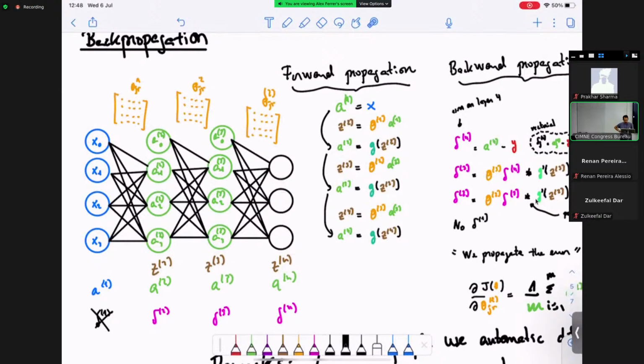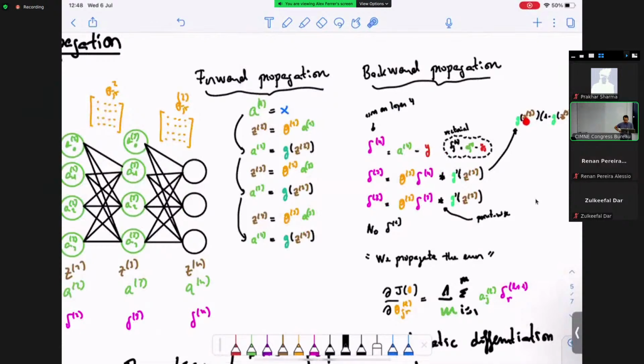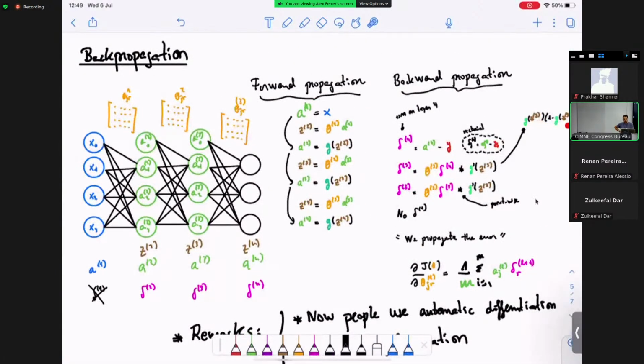With this delta, you multiply times theta, so times this one. And then you have the new delta that multiplies g prime, which is g times 1 minus g, which in fact is a times 1 minus a. G is a. So you have delta here, you multiply times theta, then you multiply pointwise times a times 1 minus a.